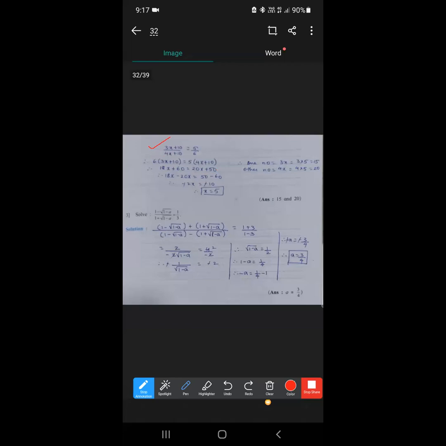So the first number, 3x, is nothing but 3 into 5, that is 15. And the other number we assumed as 4x, which is 4 into 5, equals 20. So the two numbers we have got are 15 and 20.